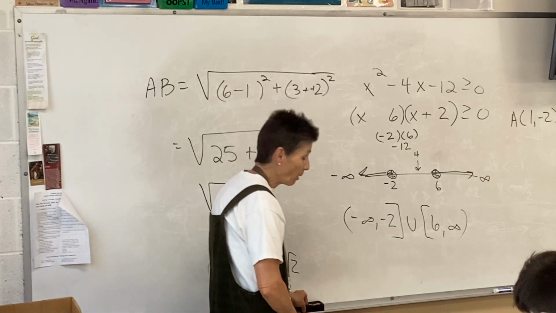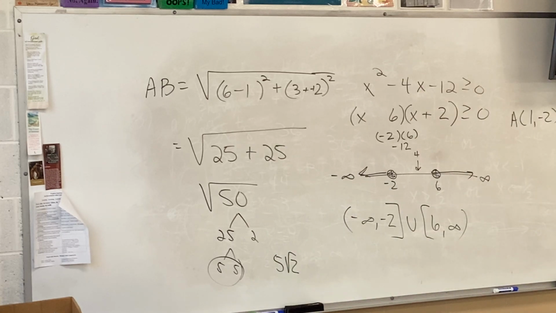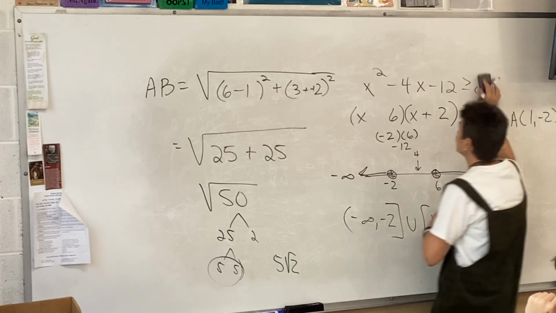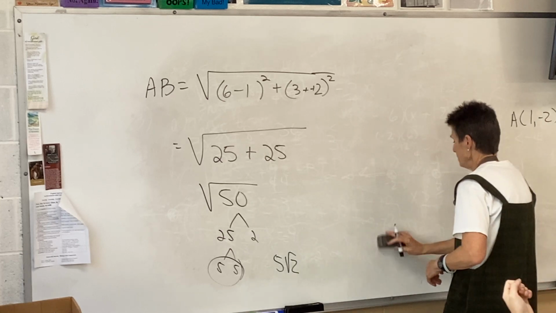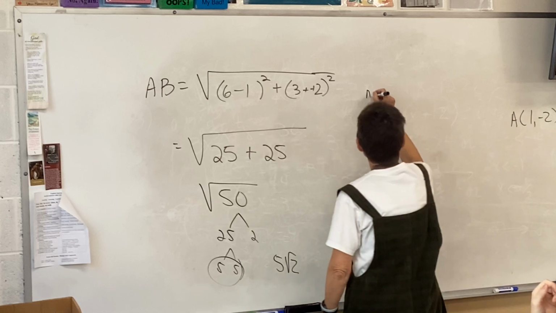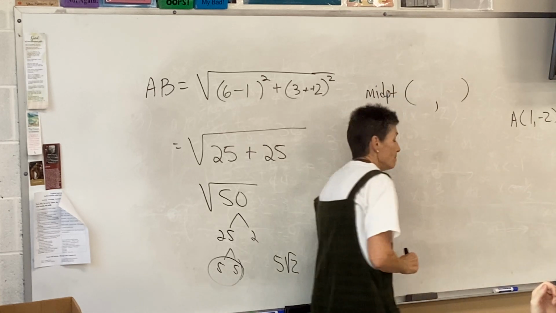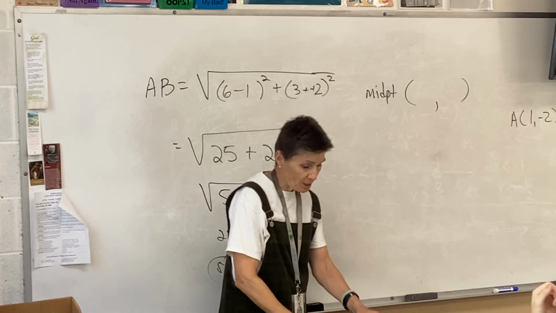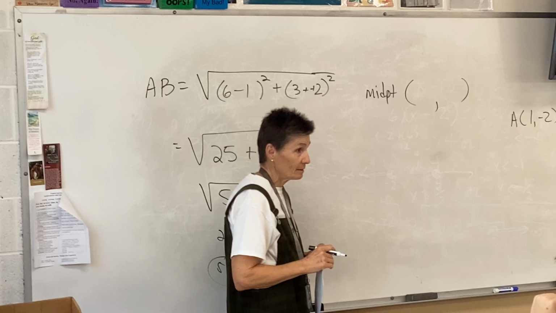All right, how do we do part B? Find the midpoint. How do we do that? Midpoint is average. Oh my goodness, we've talked about that. Midpoint is average. So how do we average? Add them and divide by 2.